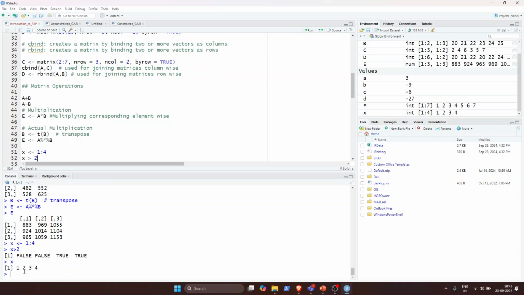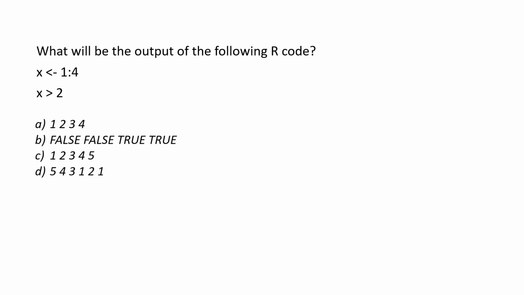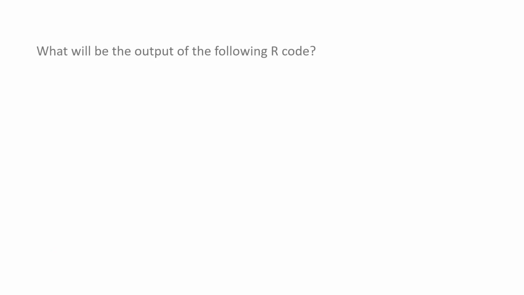The first element, 1, is not greater than 2, so we got false. Next is 2. 2 is also not greater than 2, so it is false. 3 is greater than 2, so it is true, and 4 is also greater than 2, so it will be true. Okay, I hope this is clear. So let's see if this option is there. Yes, the correct answer will be B, that is false, false, true and true. Correct? Now let's move on to the next question.